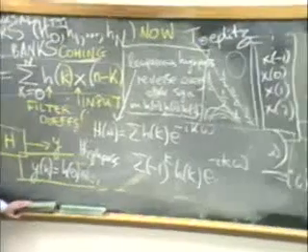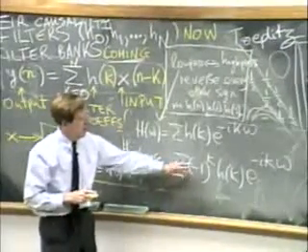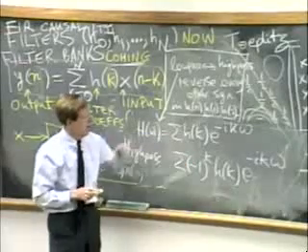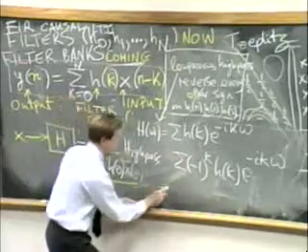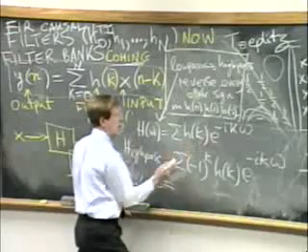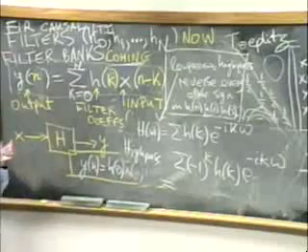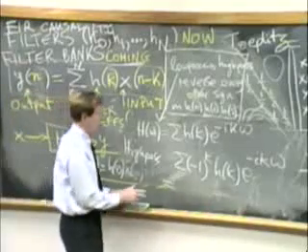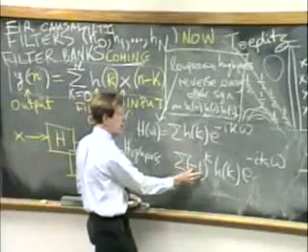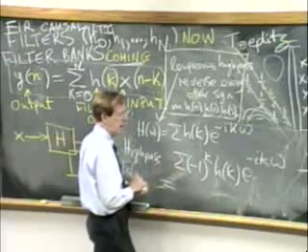What have I done when I did this crazy -1 to the k? What have I done in the frequency domain? So I want to re-identify this. In the time domain, I did a -1 to the k.